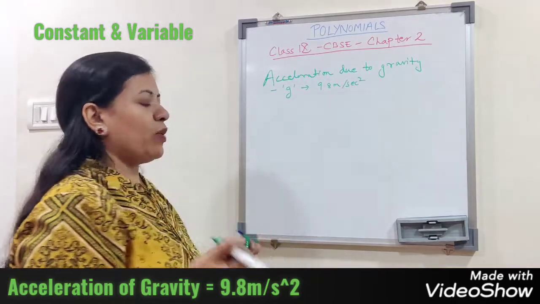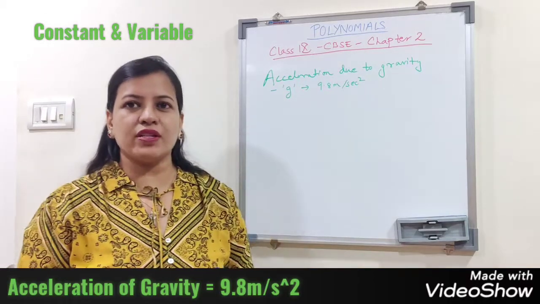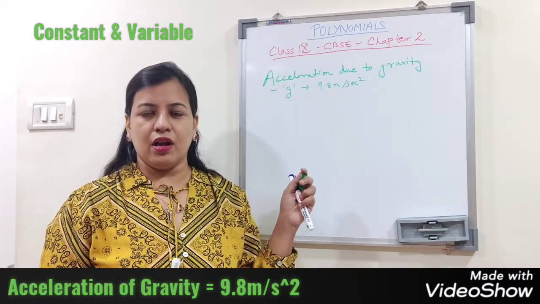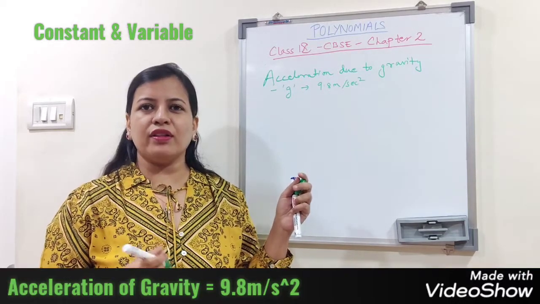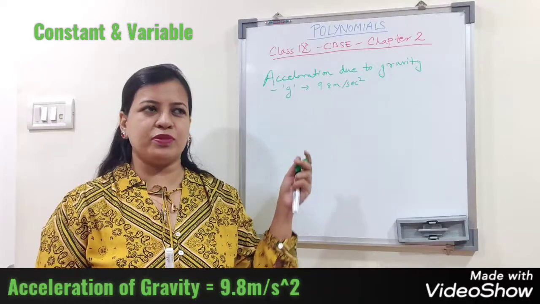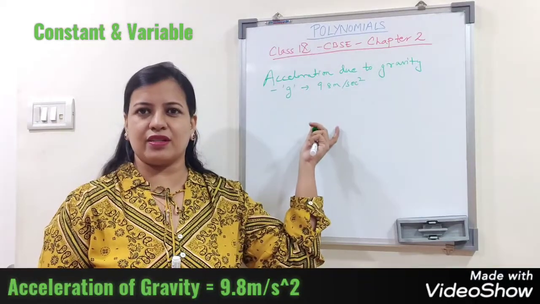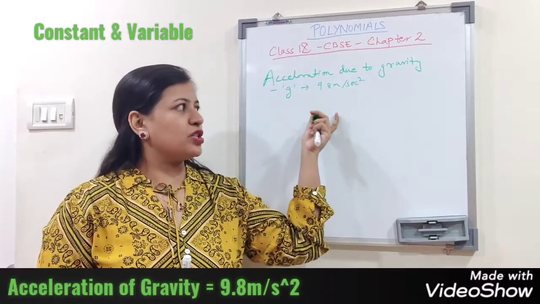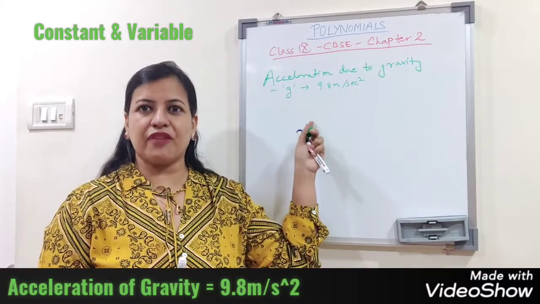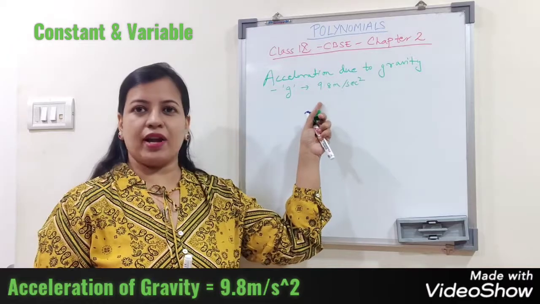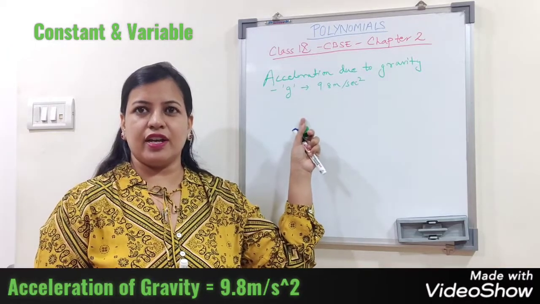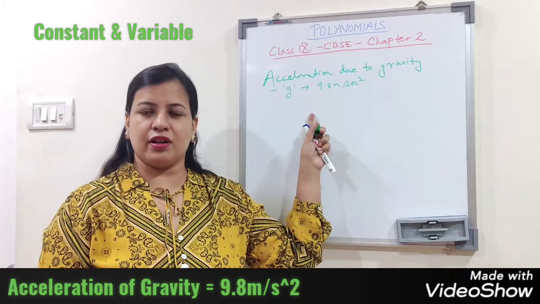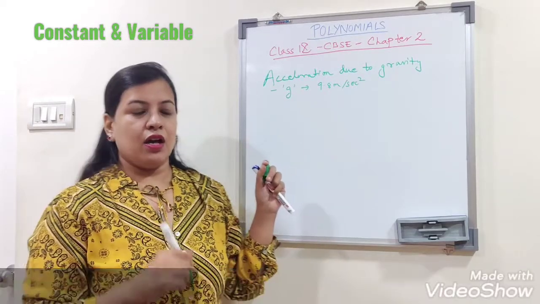When an object falls freely, it always falls with an acceleration of 9.8 meter per second square. So whether you are in Mumbai or in the United States, it doesn't matter. The object will always fall freely with this acceleration. So irrespective of the place, the value of acceleration due to gravity remains fixed, which is constant, right? So this is called constant. It remains fixed in its magnitude and does not change irrespective of the place.